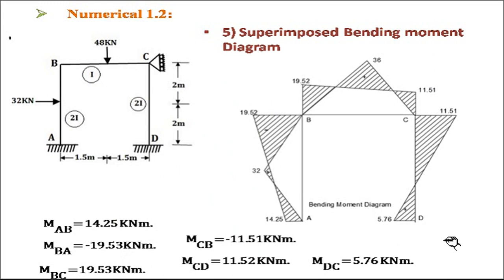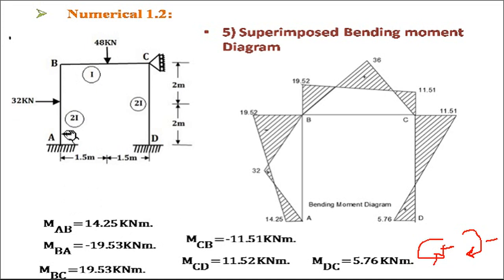Now here again I will draw the sign. Anti-clockwise is positive and clockwise is negative. Okay. Now the moment in member AB is 14.25. Here the sign is positive, that is, the moment acting in the member AB is in anti-clockwise direction.